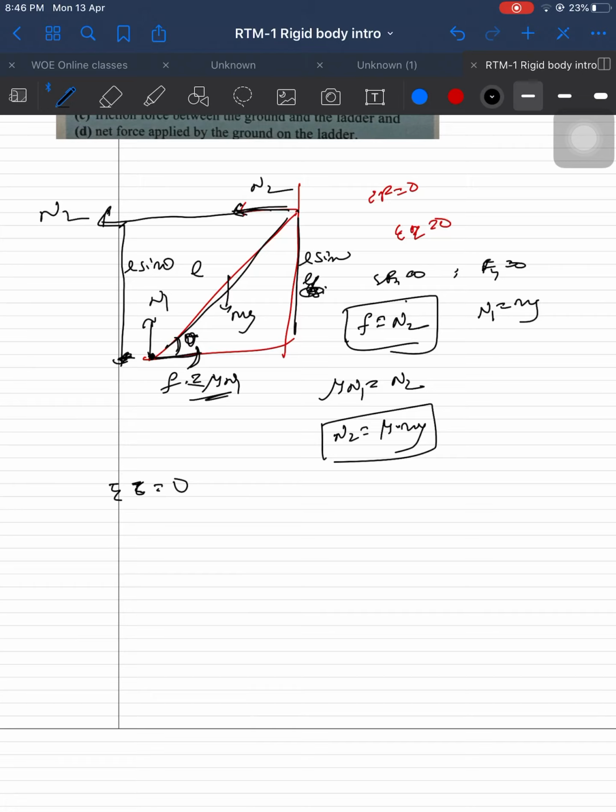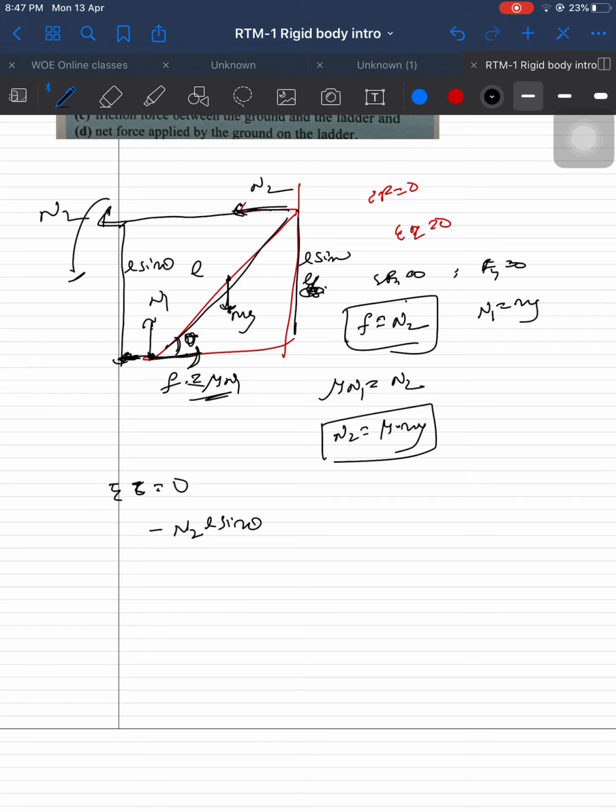About this point it is in the anti-clockwise direction, so minus N2 L sin theta. About N1 it is 0, and about friction it is also 0.